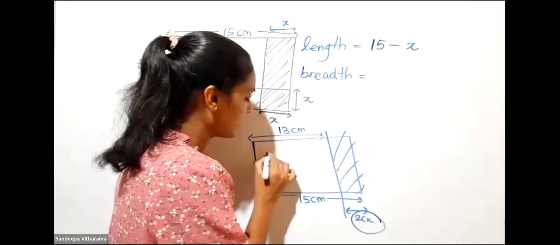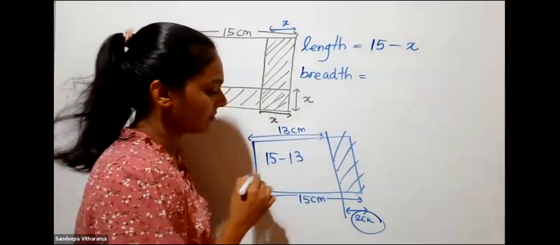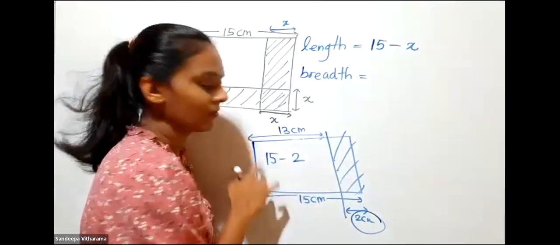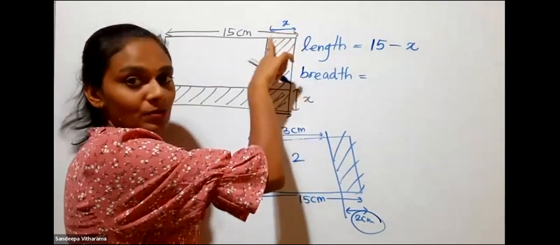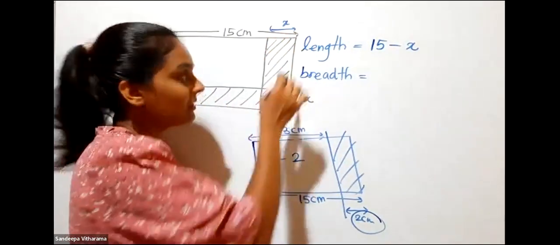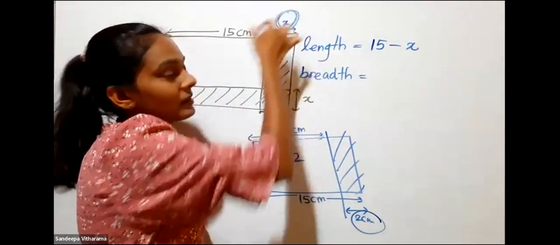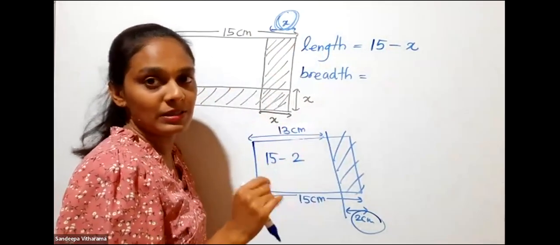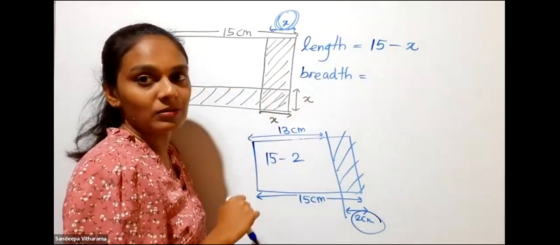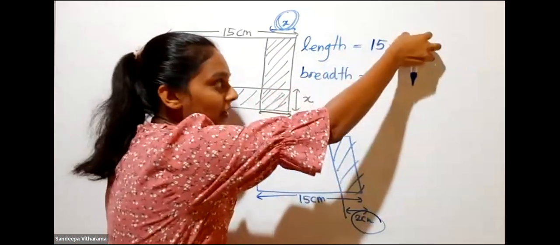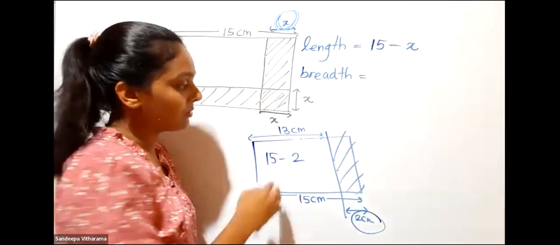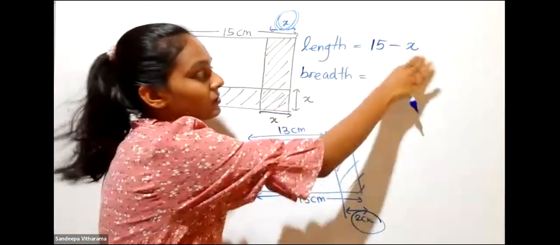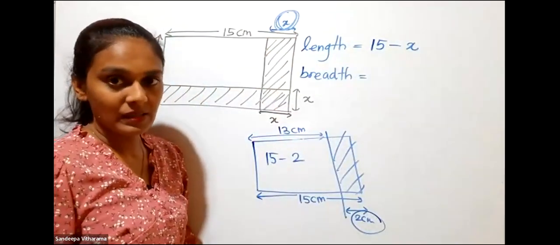It is by subtracting 2 from 15. Now in this case, do you know this value? No, you don't know this value. Then what you have to do is subtract x from 15, because to obtain the new length you have to do a subtraction.